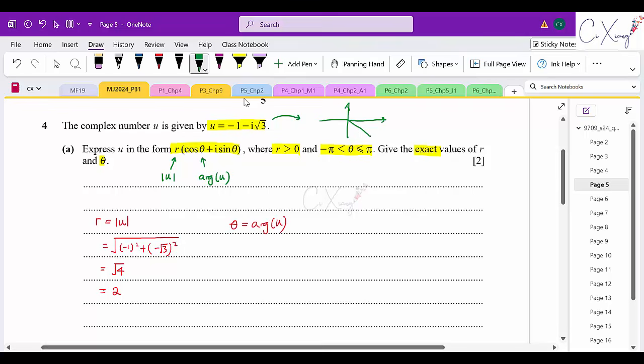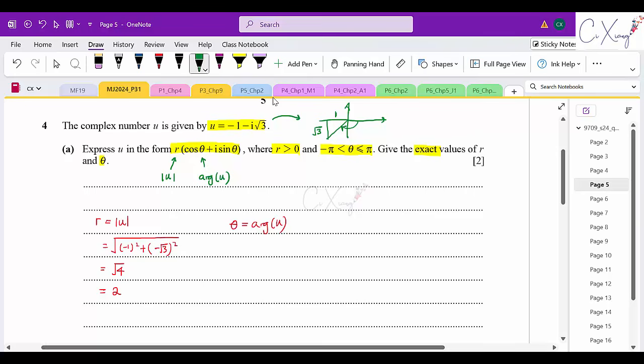Oh sorry, it is not in the fourth quadrant. -1 and -3 is in the third quadrant. So the horizontal value here is 1, because this is -1. Then the height of the triangle is 3. And the angle basically is this one.